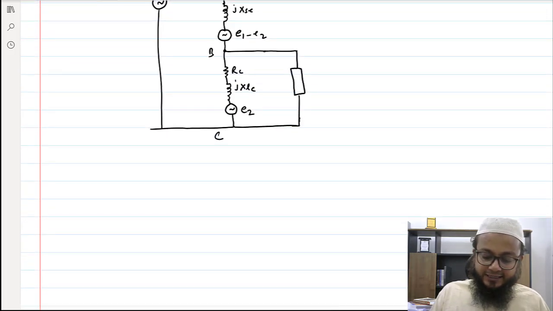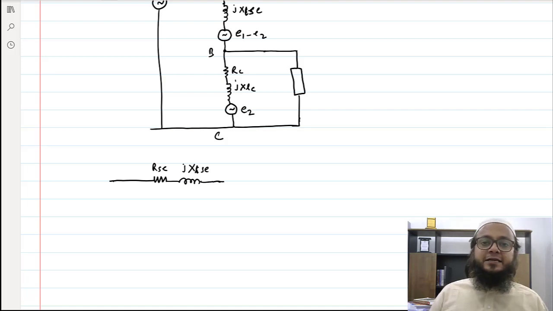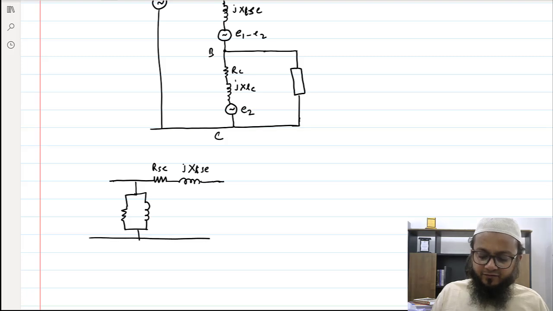So this would be the winding resistance and leakage impedance of the series portion, RSE and jXLSE, and XLC. For the time being, obviously you can think of the core losses here and the magnetizing reactance here, but for the sake of simplicity, you can even ignore these as well. And then you have the transformer action, right?